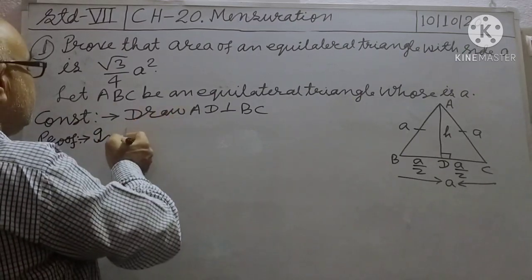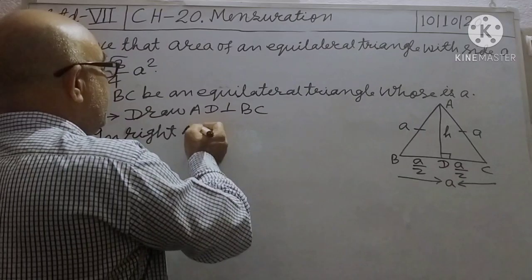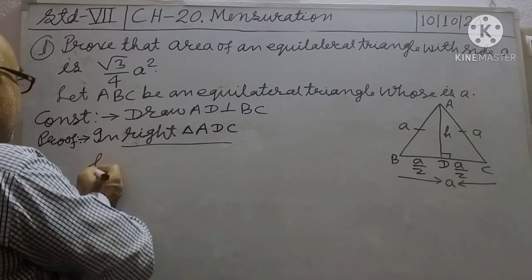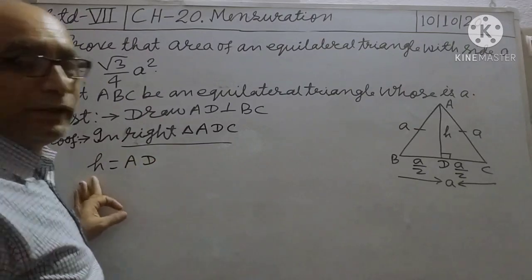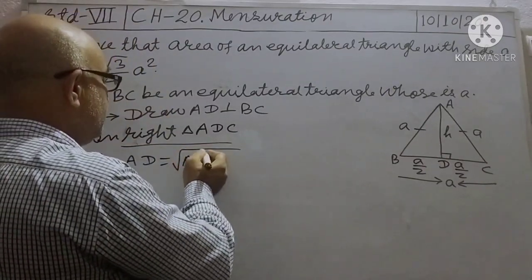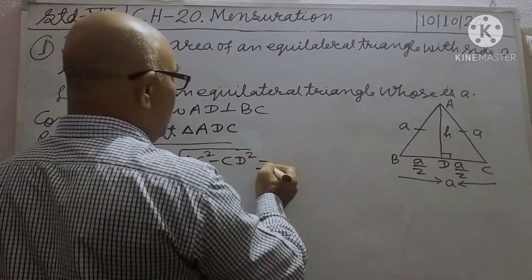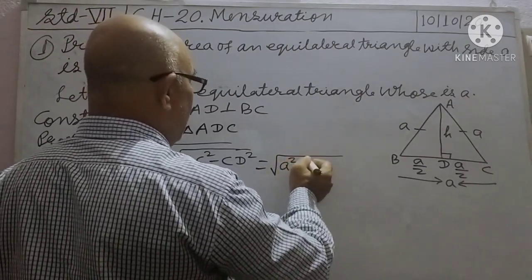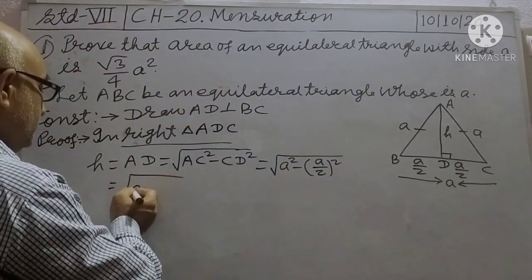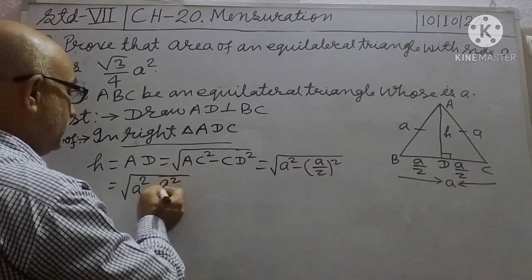In right triangle ADC, h equal to AD, height, equal to under root hypotenuse AC square minus CD square, equal to a square minus a by 2 square, equal to under root a square minus a square by 4.